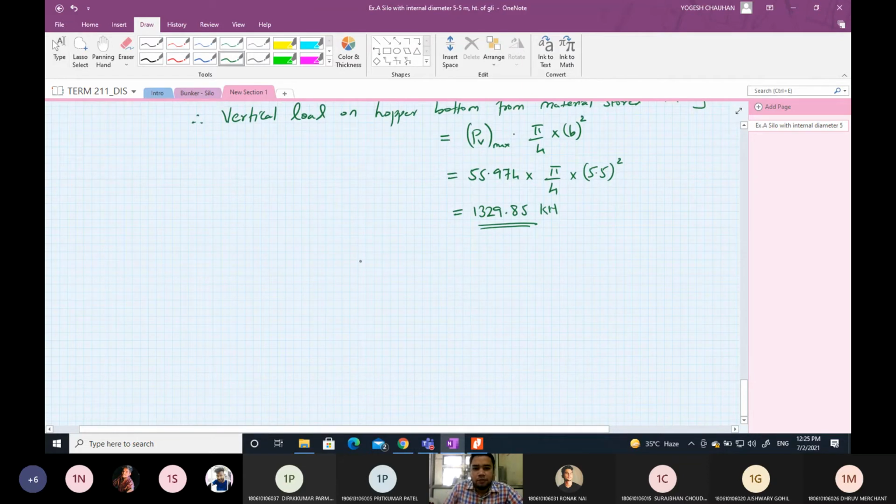To find the weight of the material inside the bottom hopper, let us first find the volume occupied within the hopper bottom.